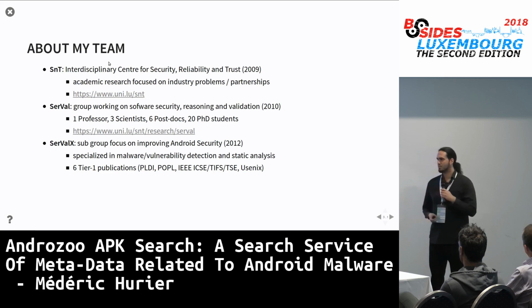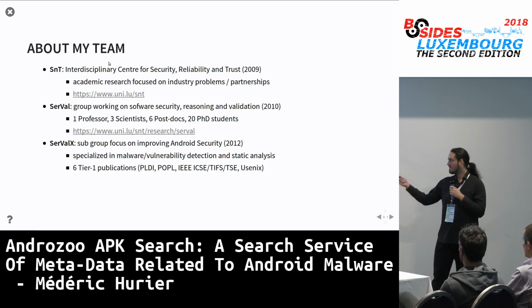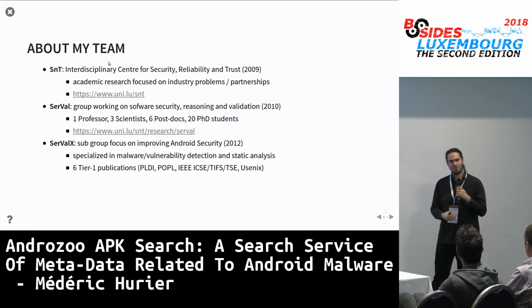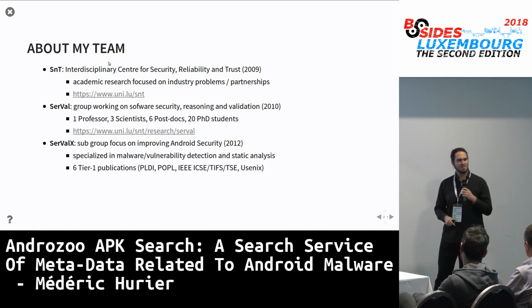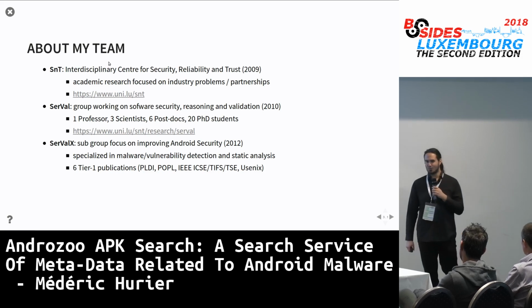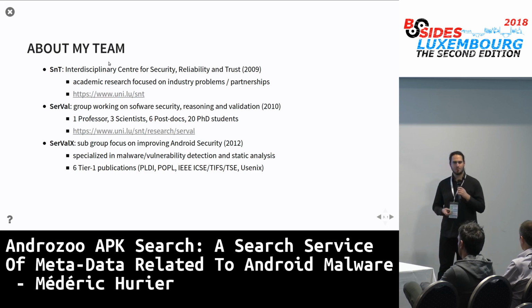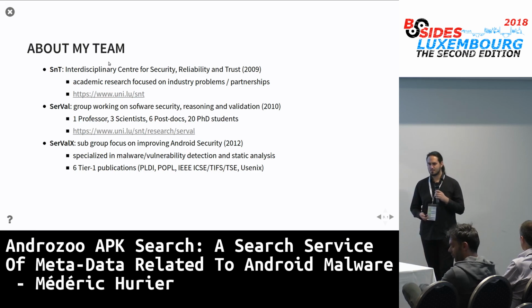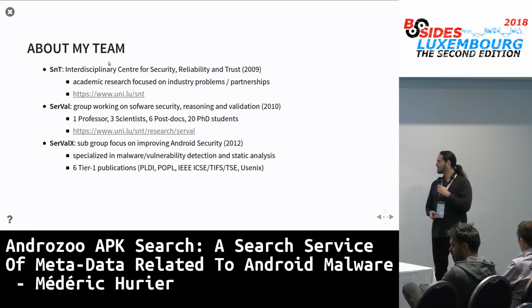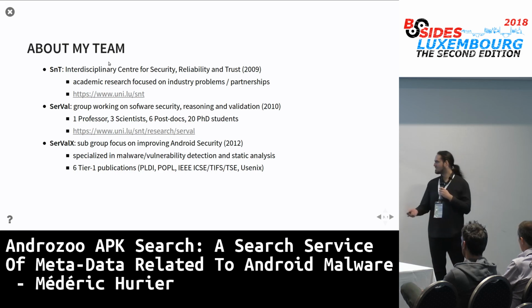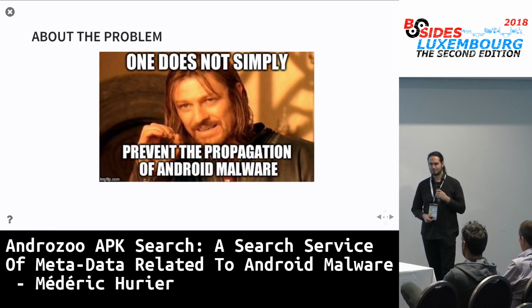We have a team of about 30 people, and you can find the link here in the presentation to visit the people. Within this team, we have a sub-team which is specialized in Android security. Our areas of expertise are malware and vulnerability detection, and also static analysis. We publish good tier 1 publications at research conferences like USENIX, IEEE, PLDI, and POPL.